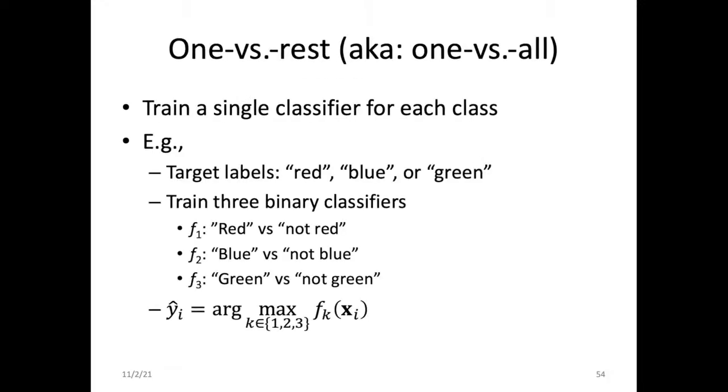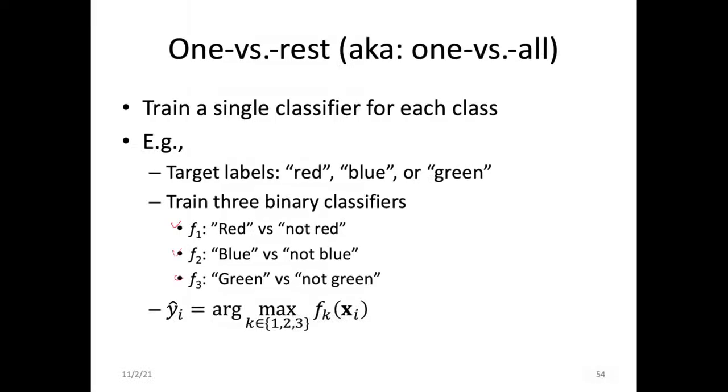Okay, so first, one versus rest or one versus all. Using this as an example, assuming we have three labels, red, blue, and green. So it's a tri-class classification problem. For one versus rest, essentially we build three classifiers.